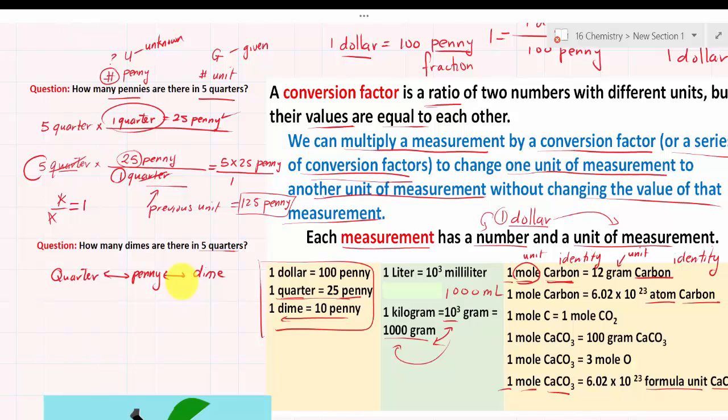So how does that work? All you have to do is take your given quarter, which is 5/4, times the conversion factor that relates quarter and penny. In this case, 1/4 equal to 25 penny.